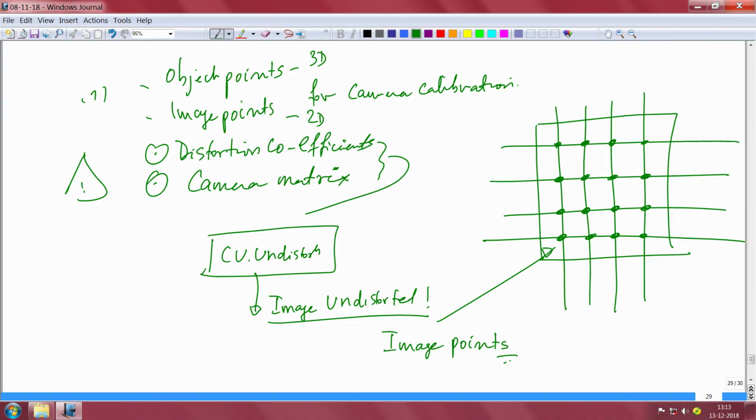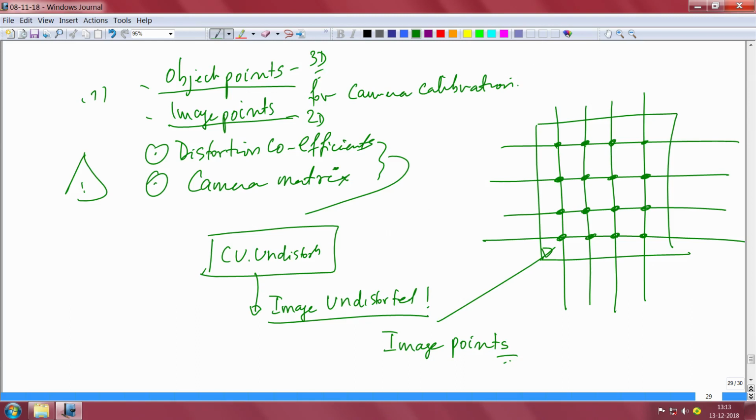So let me again point you back to the steps that I have. The image points, these cross section points, these red dots I mentioned, are essentially the 2D points. From that you will be creating these object points, which essentially come because of the tilt in the chessboard, which gives you the depth information, which will become 3D, right.